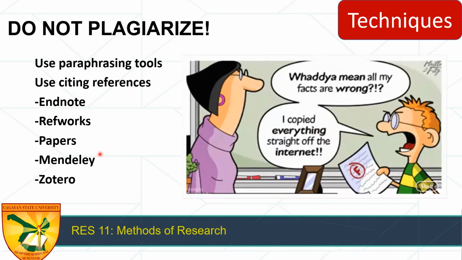So if, for example, you have this one sentence and then you want to cite this author, it will automatically put the citation and add it in your bibliography at the end of your paper. So this is very easy to use, your Mendeley. Zotero I have not used yet, but this is also free.